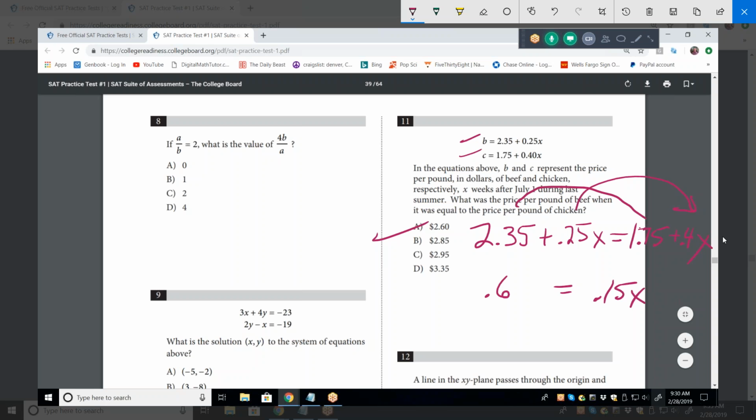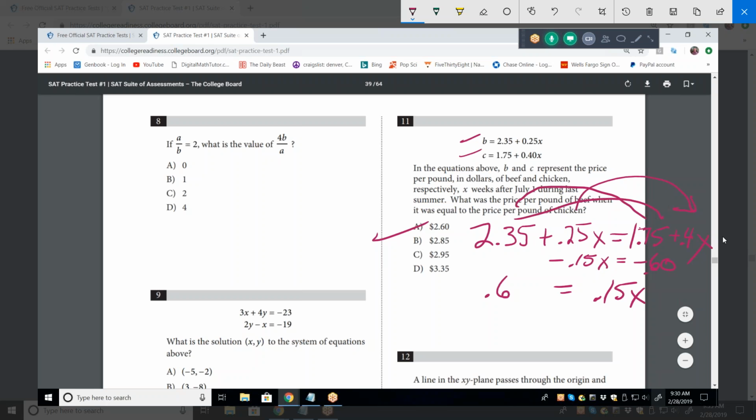Both of those coefficients are positive numbers. Had I done it the reverse, if I'd have moved 0.4x over here, I would have had minus 0.15x. And then I would have had a number going that way, minus 60. And now I've got to divide negative numbers by negative numbers.